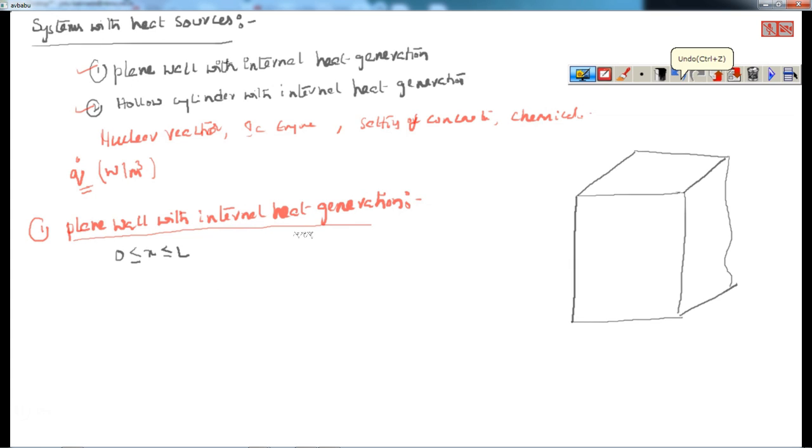I have taken a plain slab of length L, and the range of this slab is 0 is less than or equal to x, and x is less than or equal to L. This is the region I have considered, and the slab has uniform thermal conductivity.